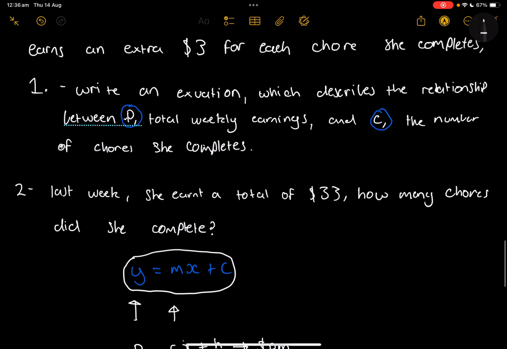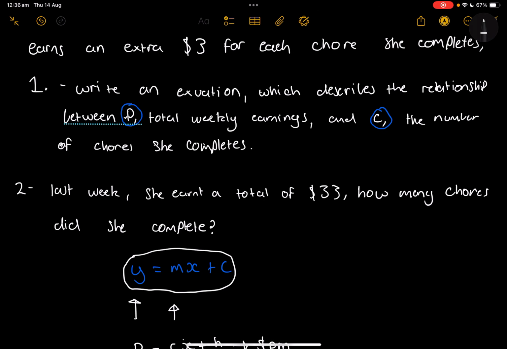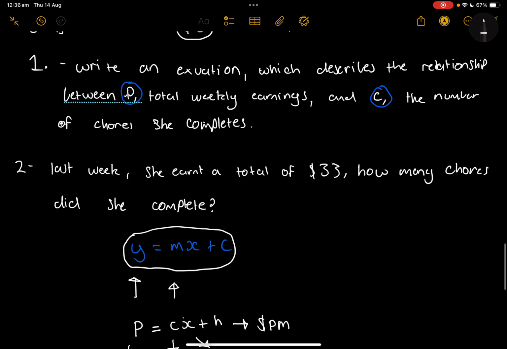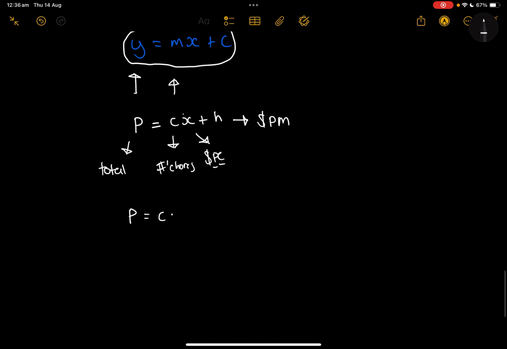And if you go back up here, you see she gets paid $3 per chore. So your total amount is equal to the number of chores times the amount you get paid per chore, which in this case is 3, plus the amount she gets every week as pocket money.